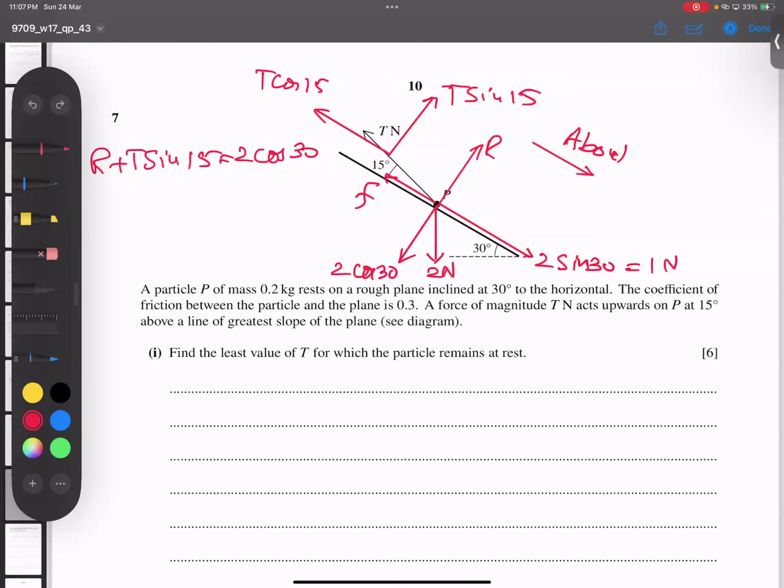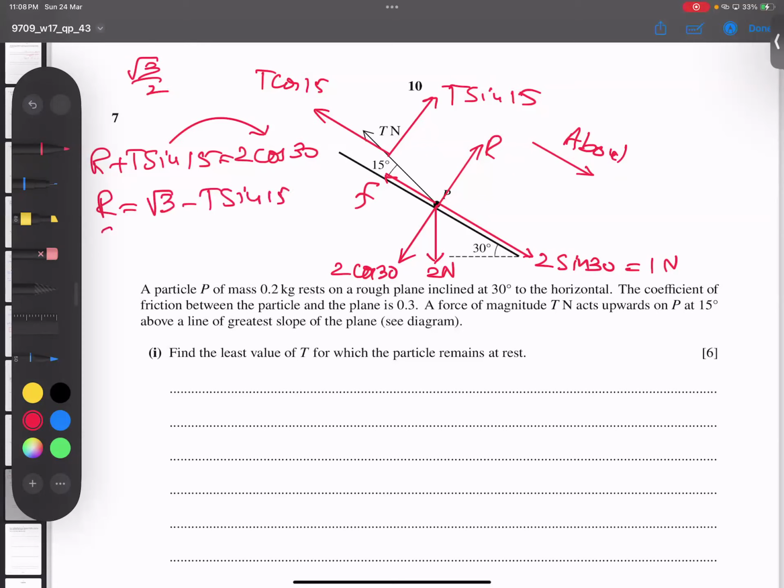So I will bring this on the other side, and R value I'm getting easily. And cos 30 is root 3 by 2. You can type in calculator. I save my time. If I multiply into 2, this is only root 3. So I can say root 3 minus T sine 15. Okay, so this is R value.